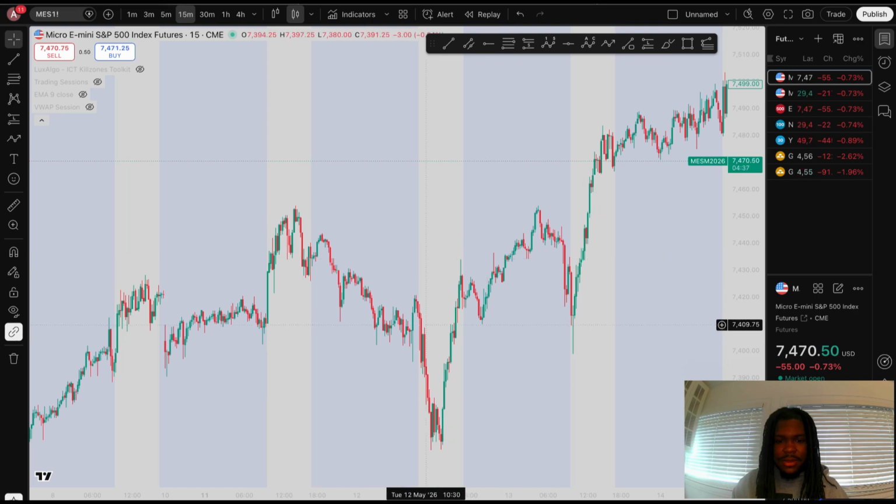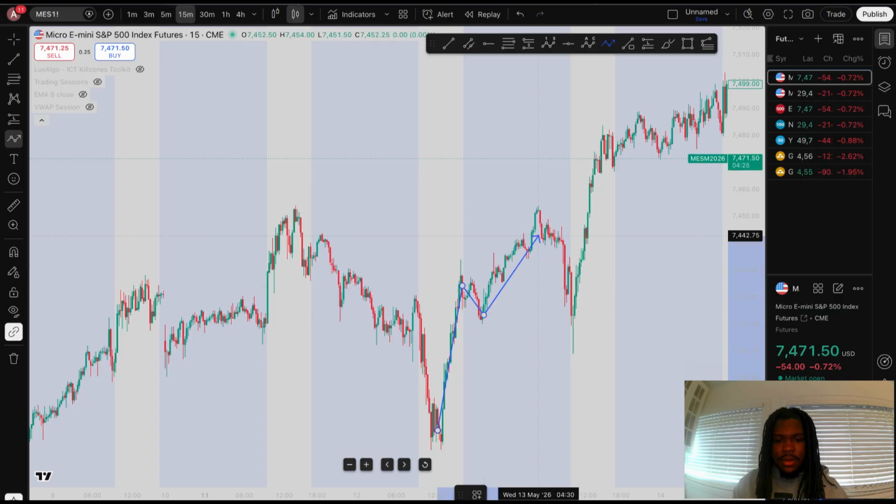I guess this is okay. All right, so here we have a low formed, and we have a high formed. We have a higher low formed. We have a higher high formed. We have a higher low formed. And then we have a higher high formed.